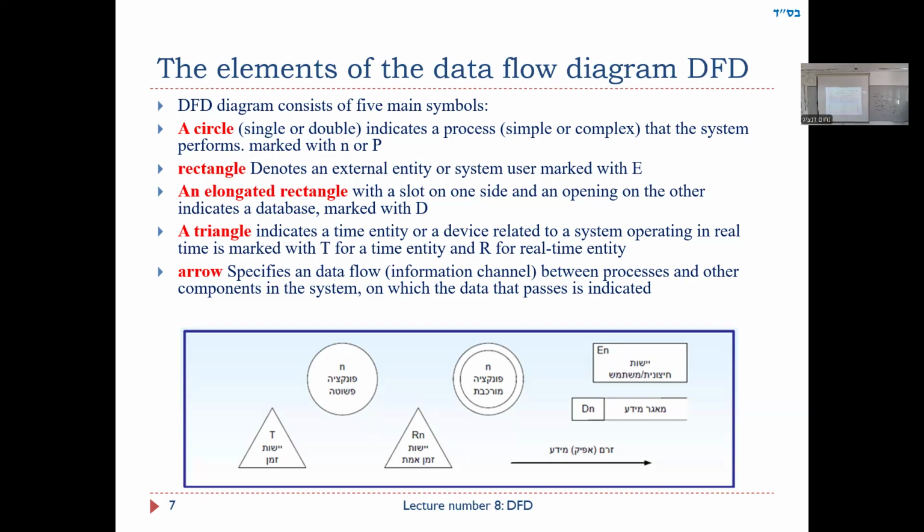The rectangle denotes an external entity or system, and it's usually marked with an E for entity, and then a number. So E1, E2, entity 1, entity 2. And then you have the name of the entity.